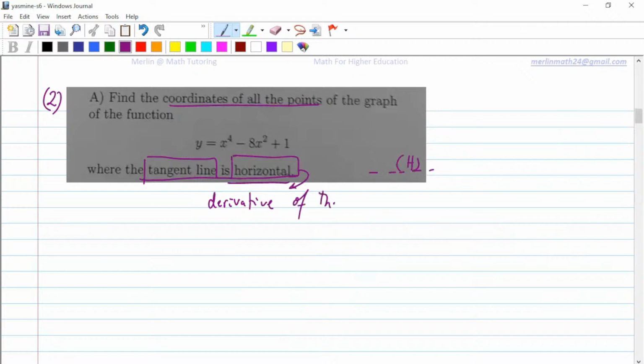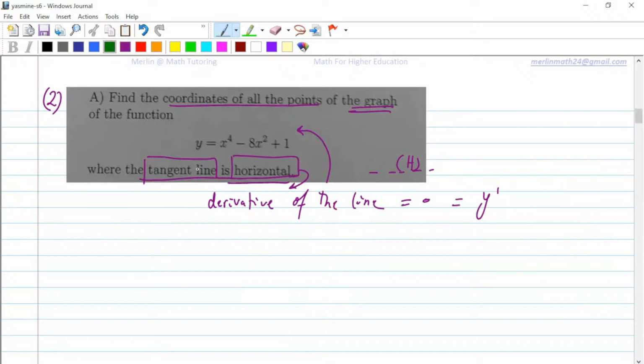Because I'm explaining, the derivative of the line means the derivative of the given curve or graph, so it is exactly y prime. The derivative of the line is the slope, but that we don't need. It is the derivative of this, which is 0.